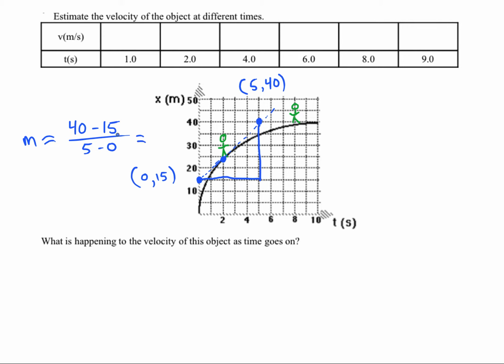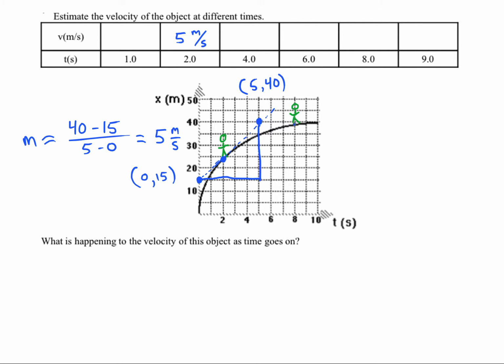And that's going to give us a slope of 5. And we'll put units on it, meters per second. So that's an approximation of the actual velocity at t equals 2. So I would put a 5 meters per second here. It's a pretty large value.